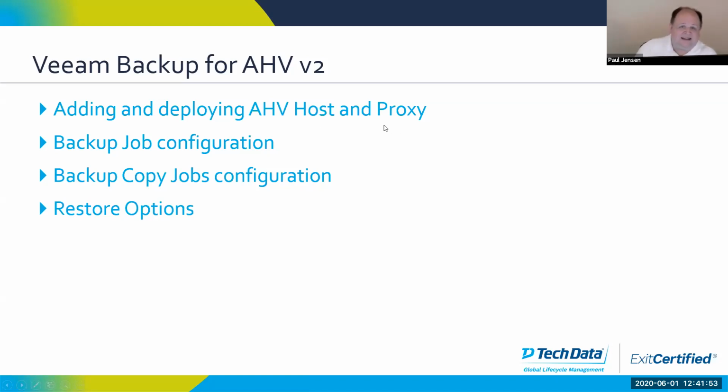This used to have to be done inside AHV, and then you would add that proxy and add that communication and connect them. I'll talk a little bit about backup job configuration. This is still done through the proxy. However, anything else can now be done through the VBR system.